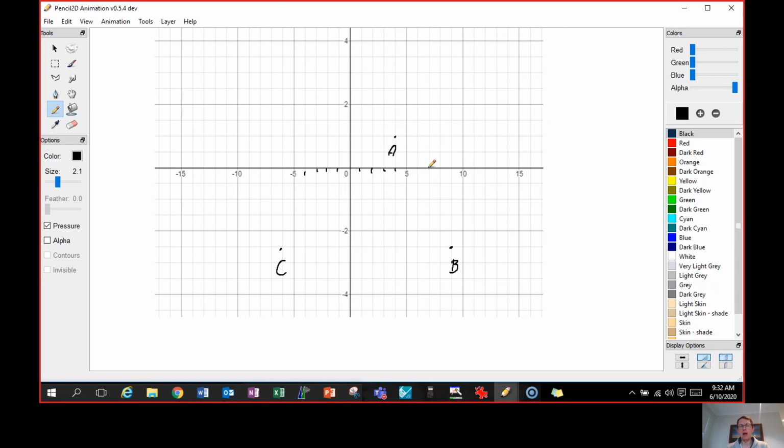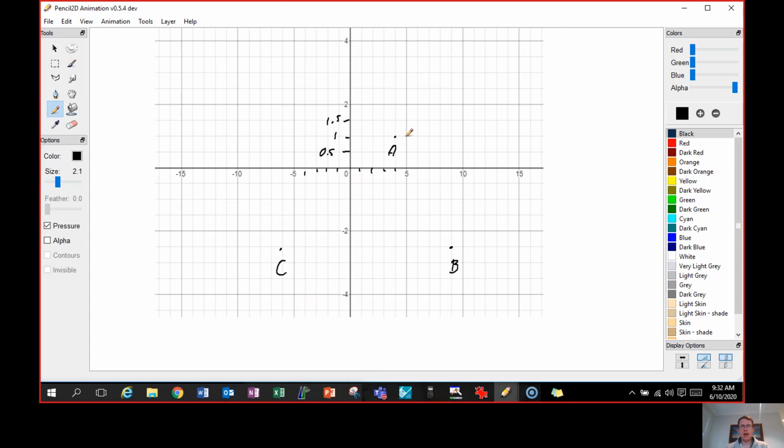Each of these gaps means a 1. Up here, though, if you notice, it's 2 and 0. So really, 1 would be here, right? So that would be 0.5 or a half, 1, 1.5, 2, 2.5, 3, 3.5, 4. This would be negative 0.5, negative 1, negative 1.5, negative 2. So you can see that this scale is all the same.